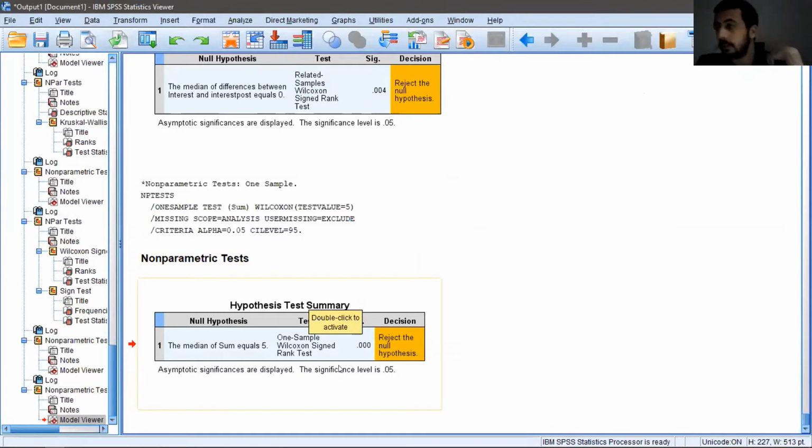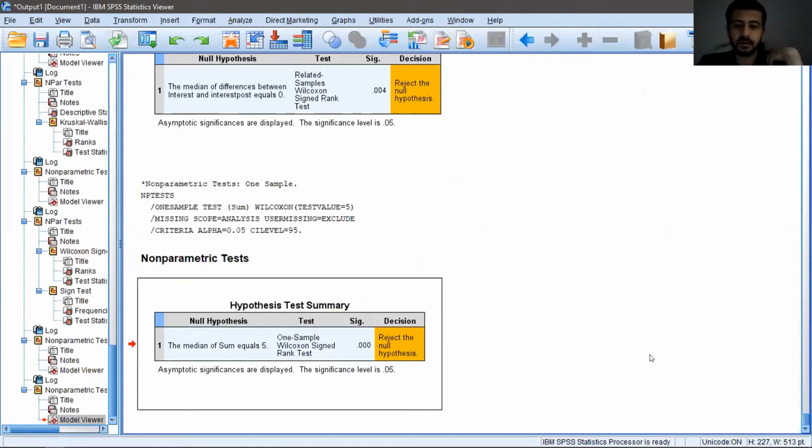We will meet in like 10 minutes. Those are the non-parametric tests. They are not so difficult. Take the screenshot. 1, 2, and 3.